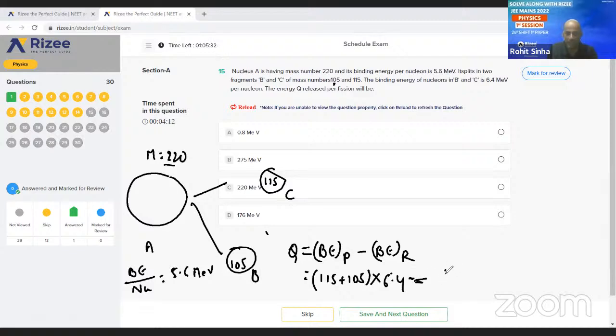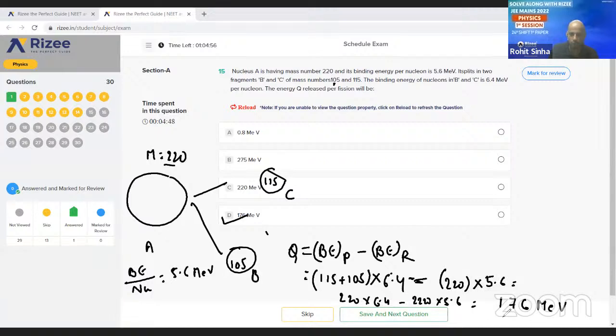Then reactant 220 into binding energy per nucleon 5.6. So we get 220 into 6.4 minus 220 into 5.6. Solve it. We take 220 common, 6.4 minus 5.6. You will get the value of 176. That will be 176 mega electron volt.